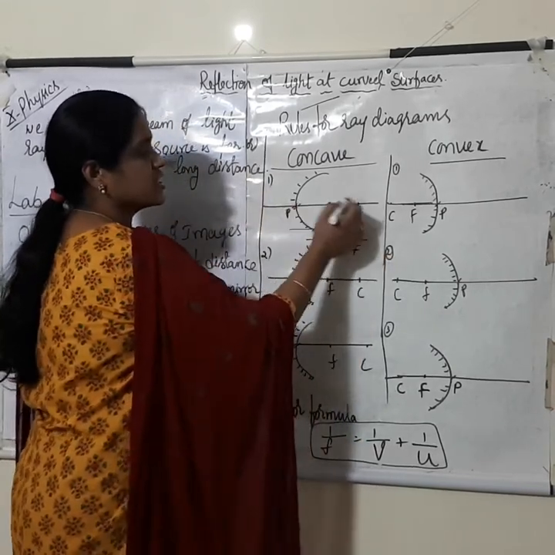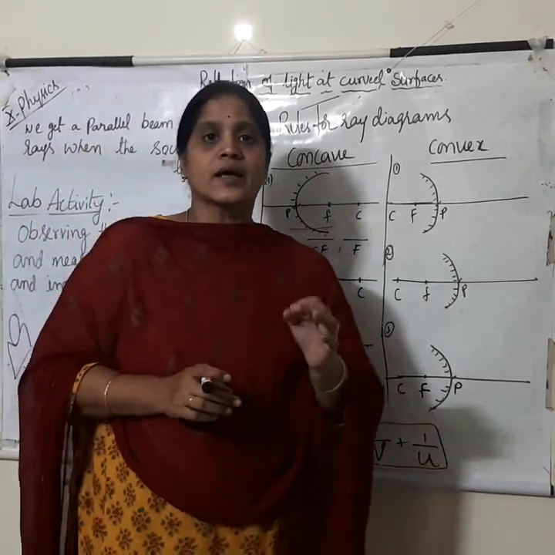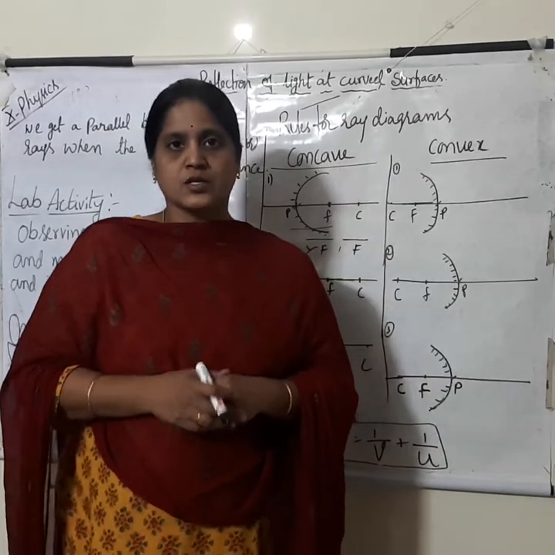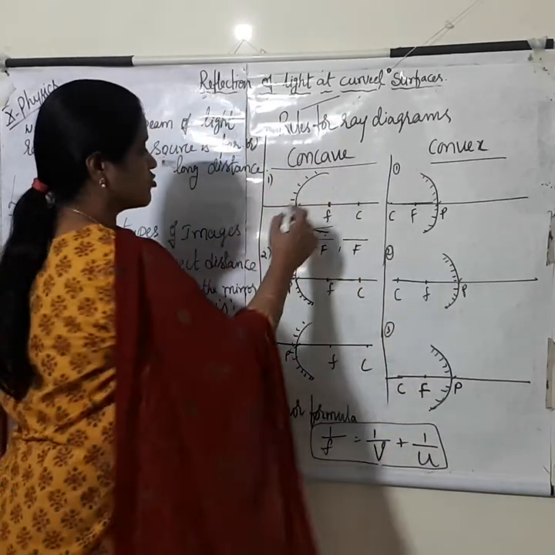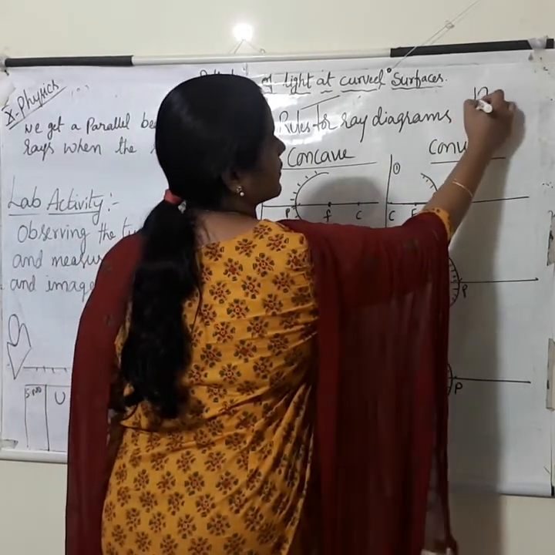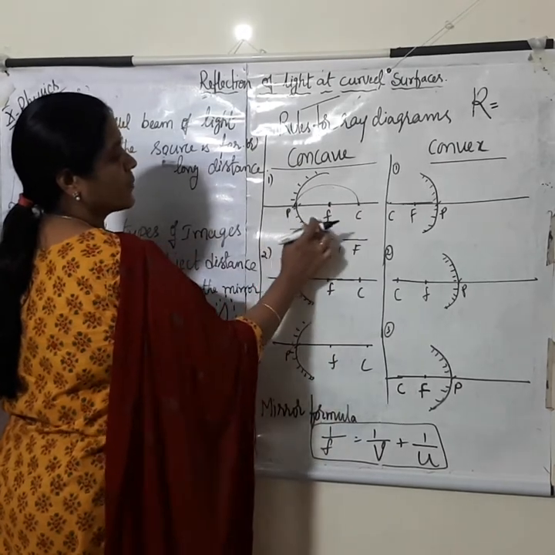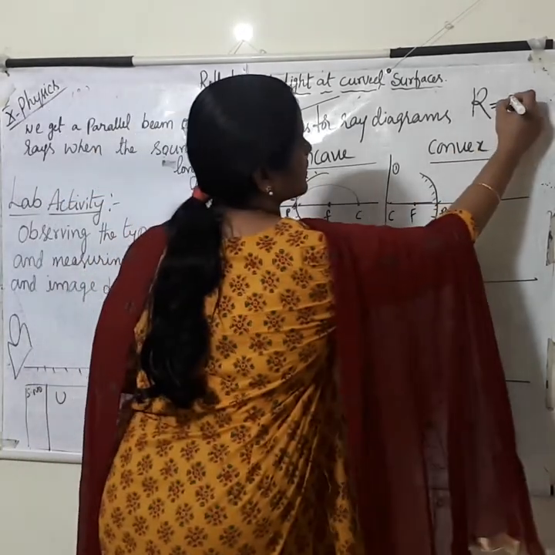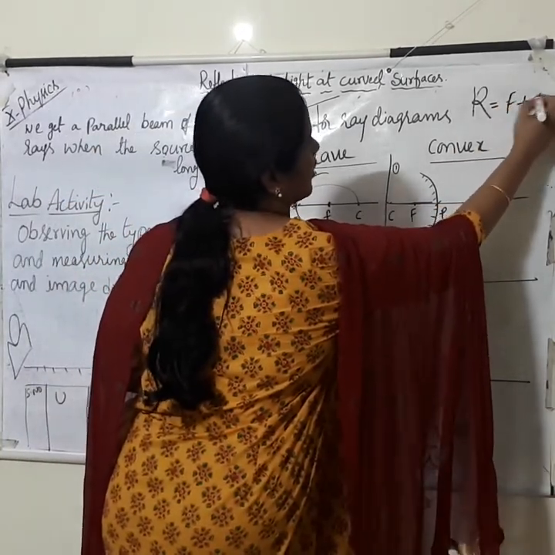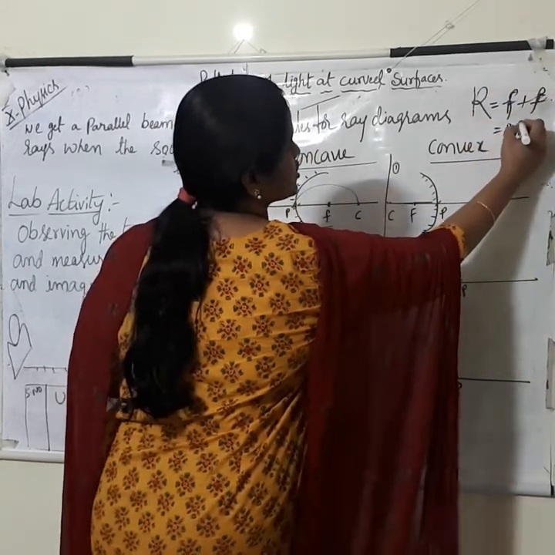The distance between P and C is known as the radius of curvature, represented by the letter R. So R is equal to PF plus FC, that means F plus F, which becomes 2F.